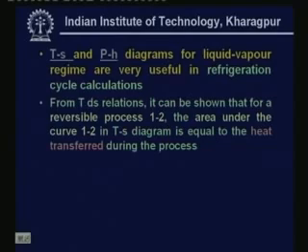This is from the Clausius inequality, where the entropy change in a reversible process is given by the heat transfer during that process divided by the temperature at the boundary. So using that statement, we can easily show that the area under any curve 1, 2 on TS coordinates is nothing but the heat transfer during the process.